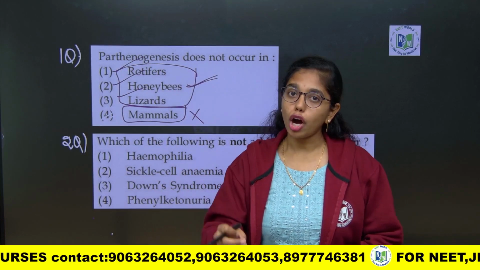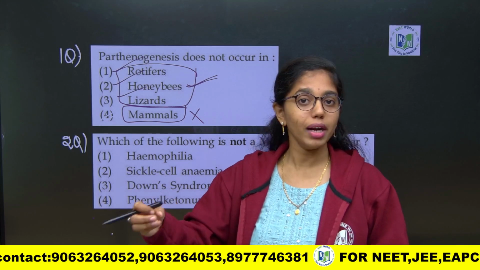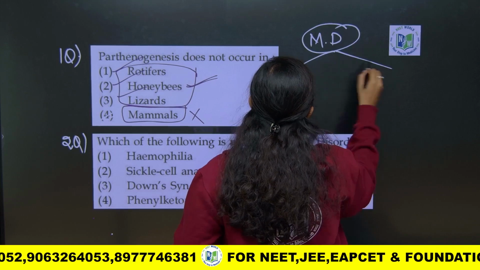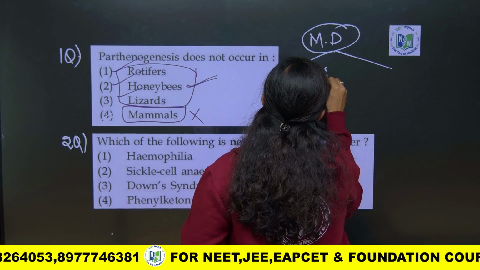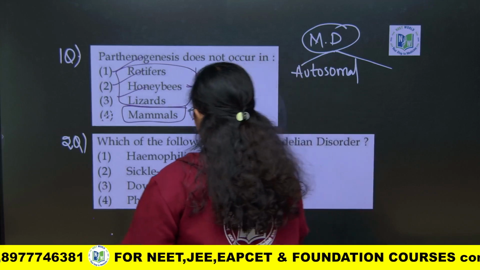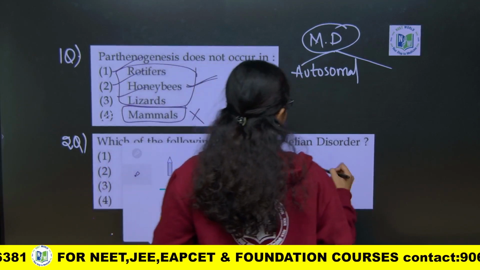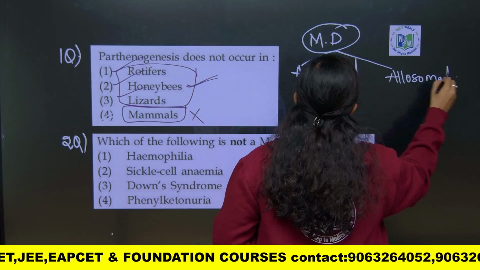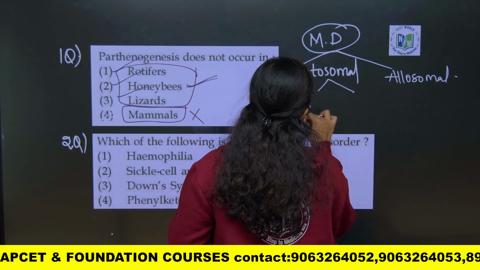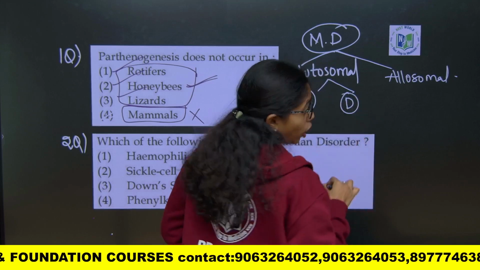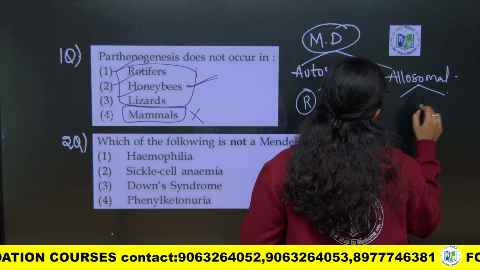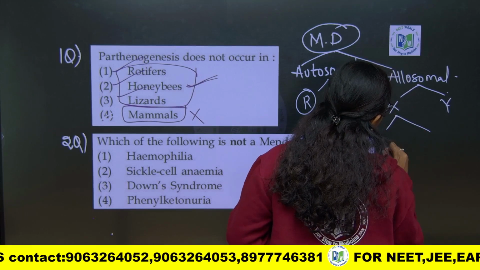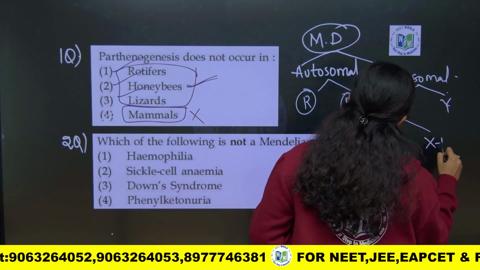Autosomal again has two types, autosomal recessive and autosomal dominant. Allosomal are again of two types, X-linked and Y-linked. In X-linked we have X-linked recessive and X-linked dominant.